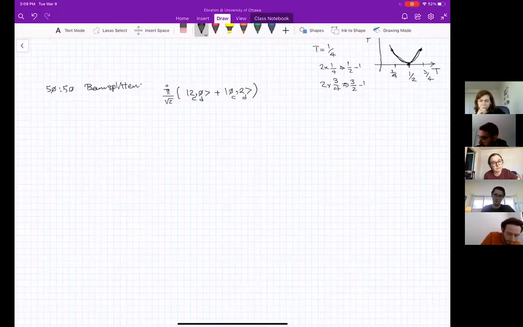So again, let's review the experiments. So a photon is coming here: photon in A and photon in B. What was the condition that you will see the Hong-Ou-Mandel effect?